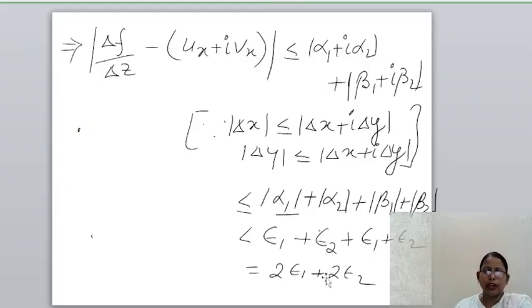Since epsilon is an arbitrary positive quantity, the difference between this is less than an arbitrary positive number, that means this is equal to 0.